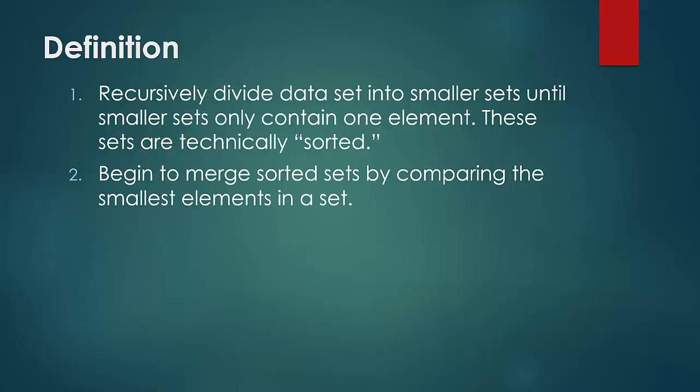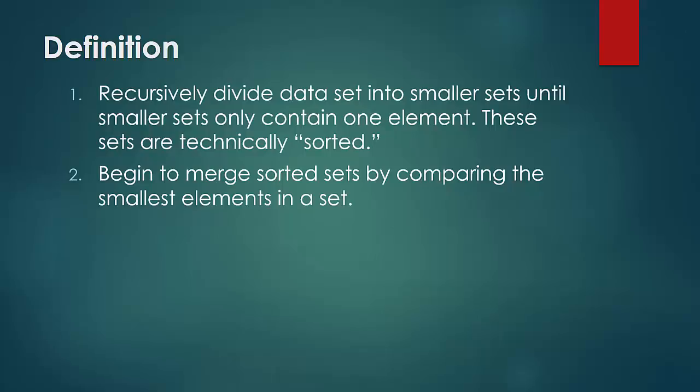Since these sets only have one element, we only have one choice in each. We compare these two, and the smaller element becomes the first element in the sorted set, and the larger element becomes the second. So now we merge these sets of one element into one big sorted set of 2 elements.